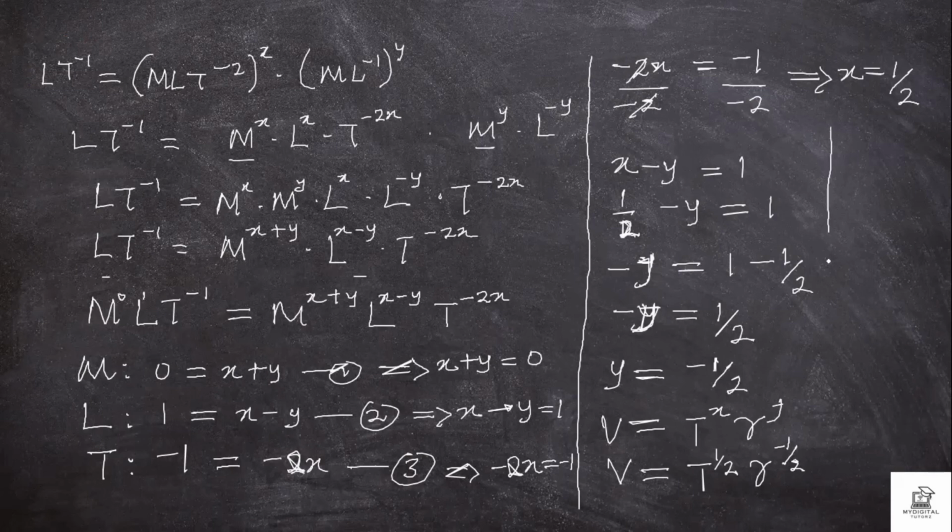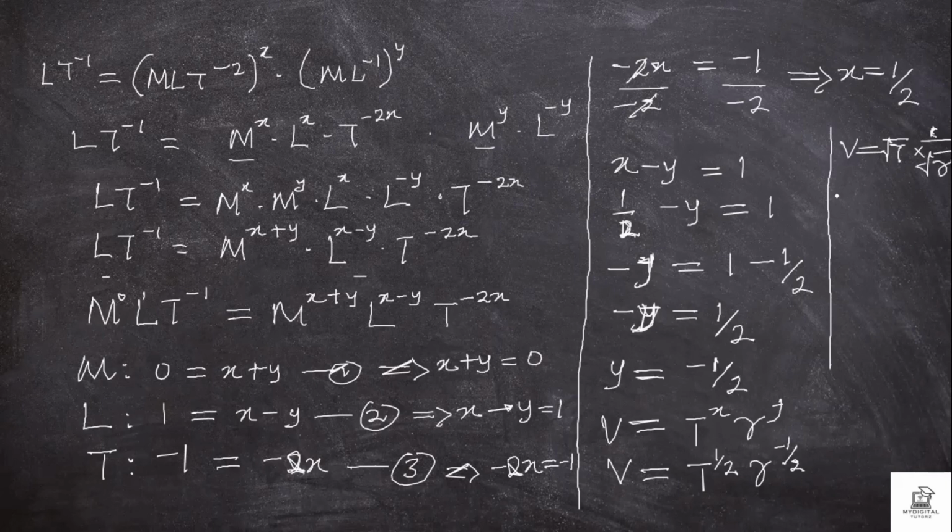So I can write it finally to say that v is equal to T raised to power 1 over 2, which is written as root T, multiplied by gamma raised to power minus 1 over 2, which is written as 1 over root of gamma.